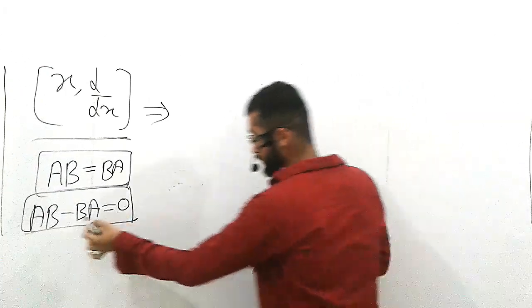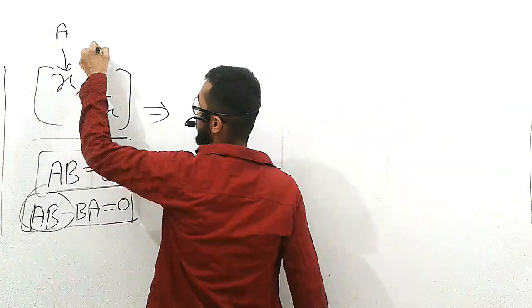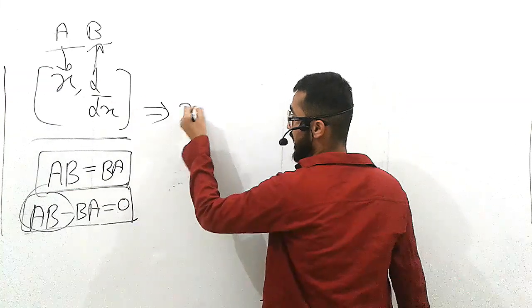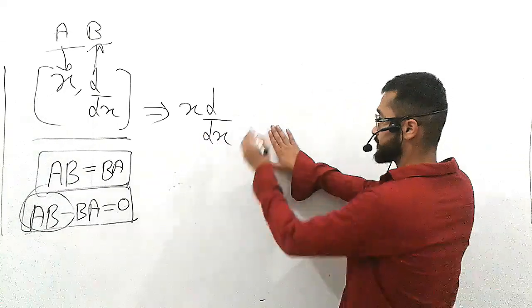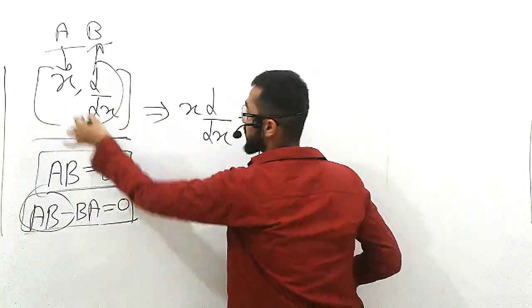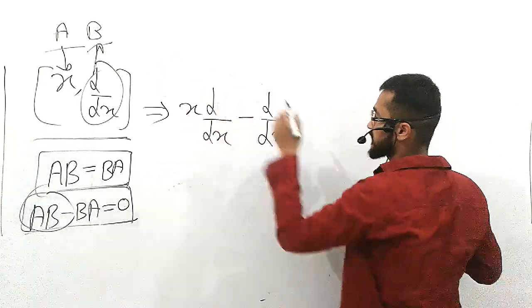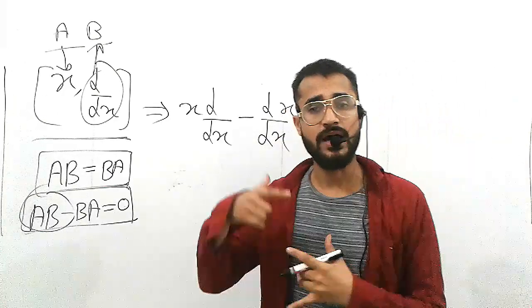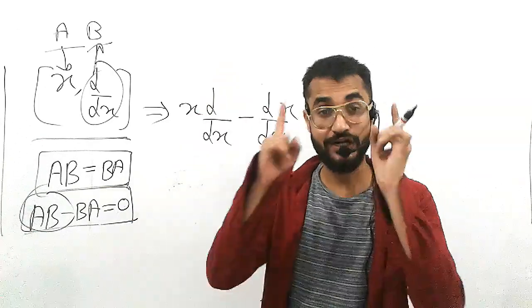So first of all AB, so if I assume this is A and that is B, it will be written as x d/dx. Okay, and then further we have to interchange the position. So now B will take the first position, d/dx, and then the second one is x, and we have to apply a mathematical operation. That's why we have to remember the trident.